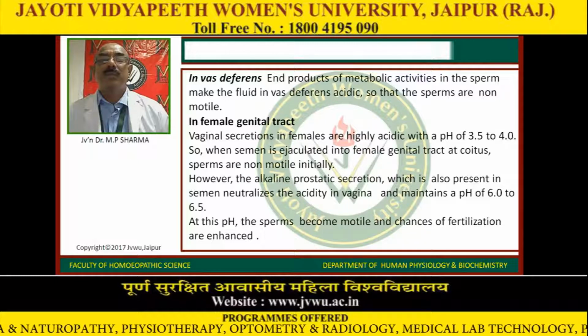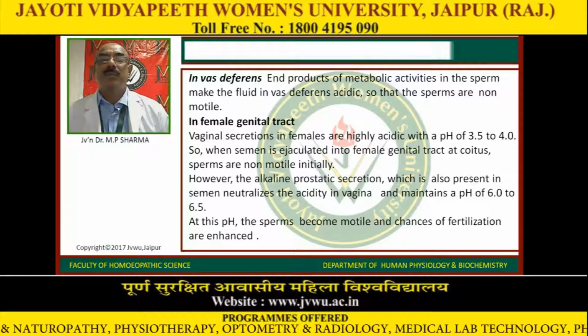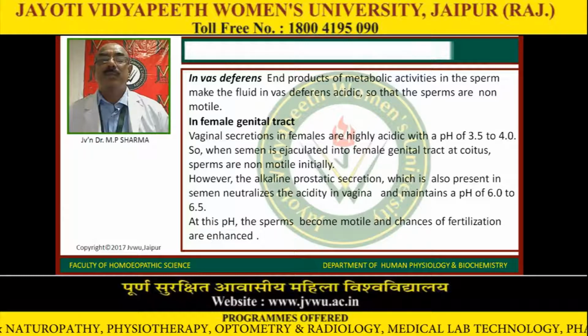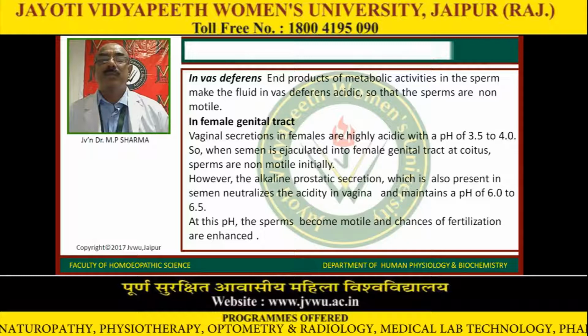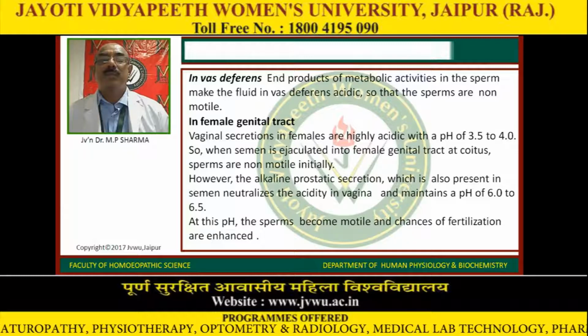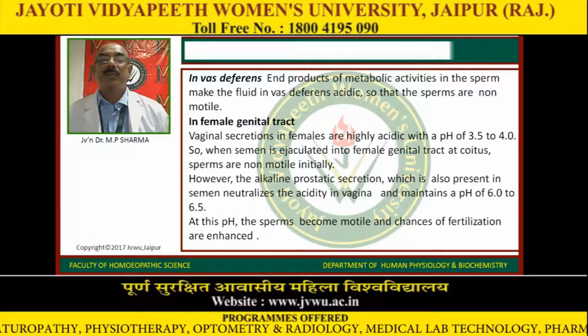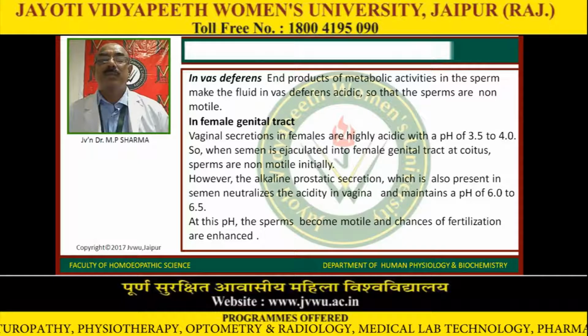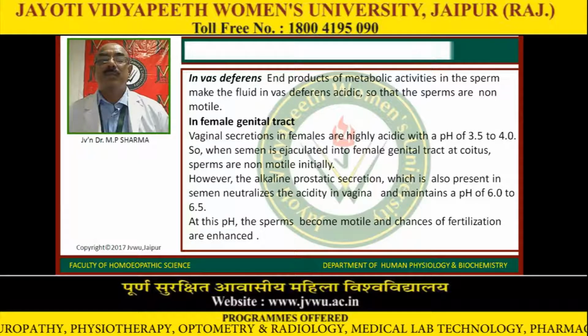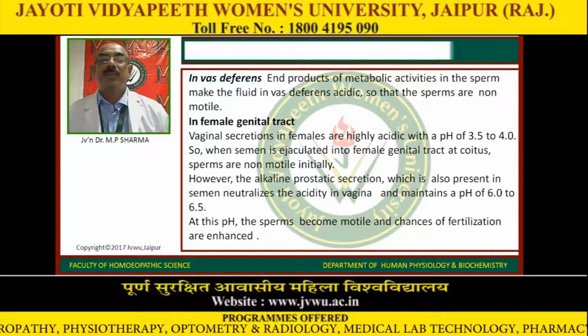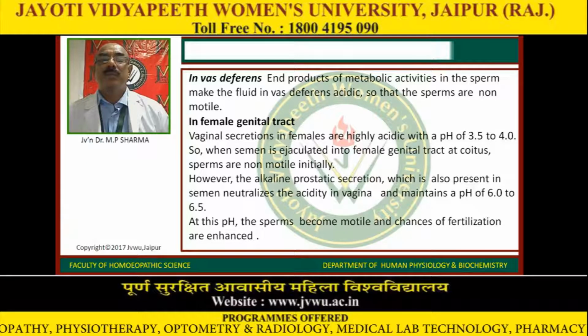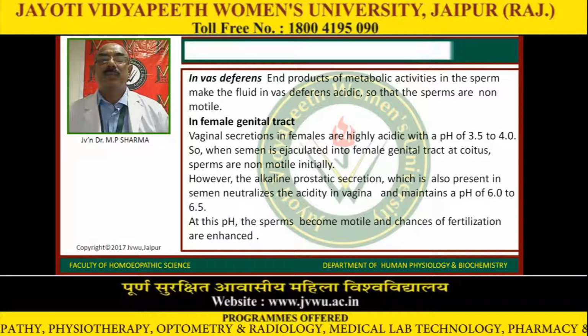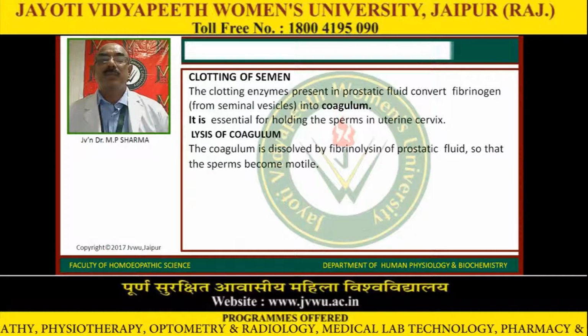However, the alkaline prostatic secretion, which is also present in the semen, neutralizes the acidity in vagina and maintains a pH of 6.0 to 6.5. At this pH, the sperm becomes motile and chances of fertilization are enhanced.